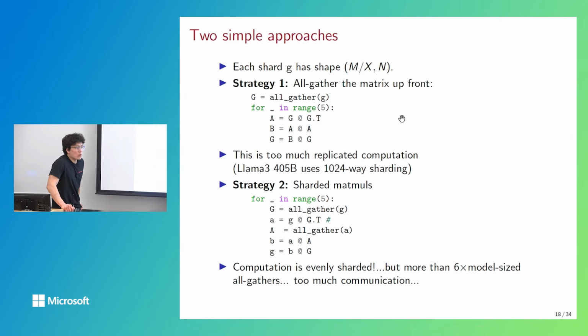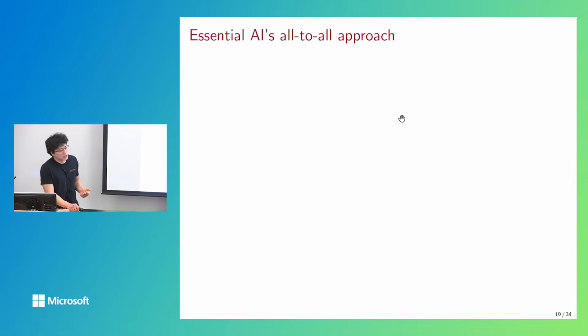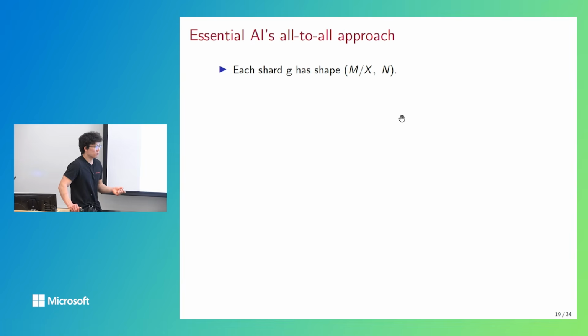So what would be the alternative that you can take to strike the balance here? It's Essential AI's all-to-all approach. The key idea is that you can use the all-to-all communication collective to evenly shard this Muon computation. So we say that each shard has the shape m over x comma n.